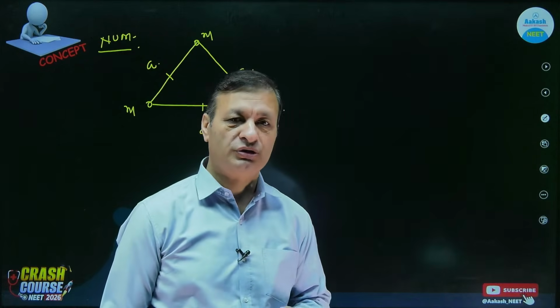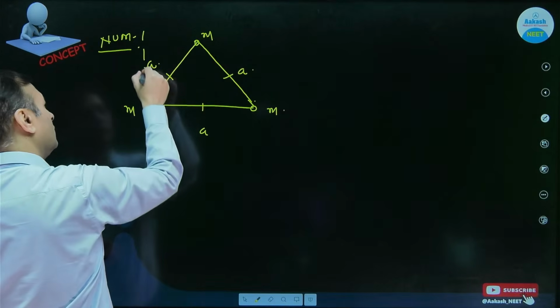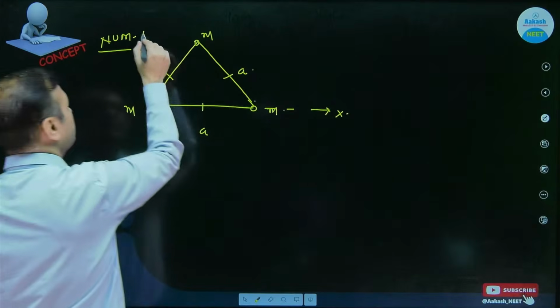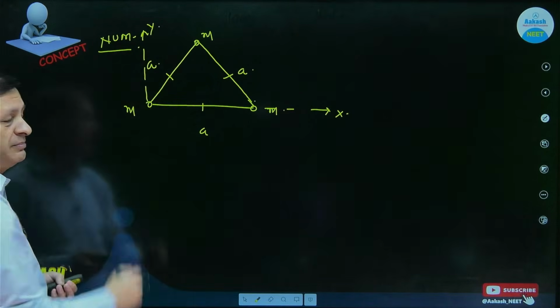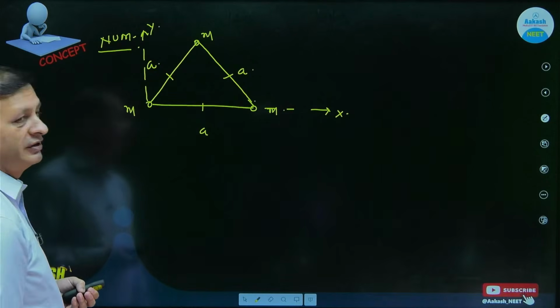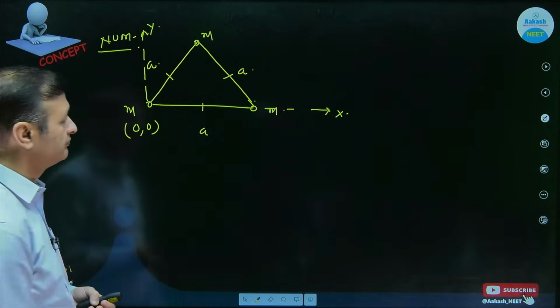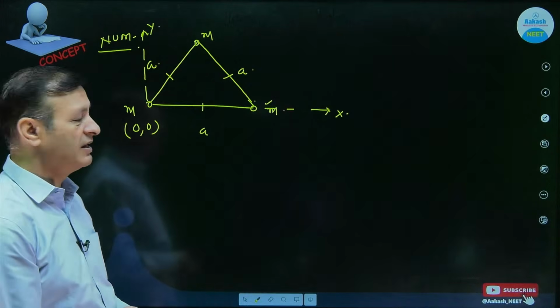So how we'll approach, how we'll go ahead. Let's suppose if we define this one as my x and y coordinate, because this mass m is at the origin of your reference frame, so we'll put it as 0, 0. Can you give me the coordinates of this mass, second mass?